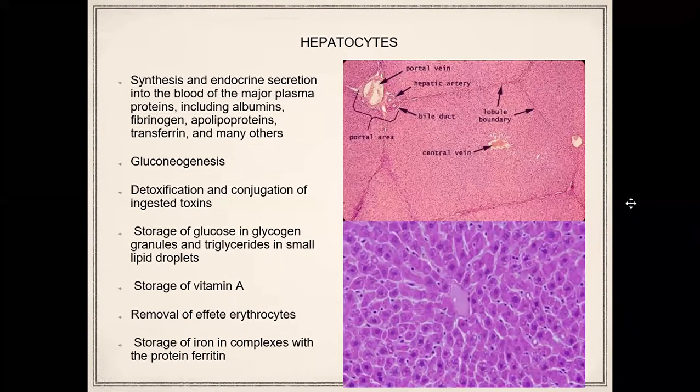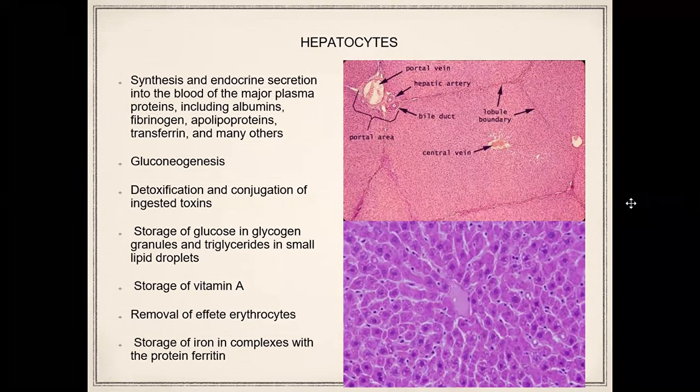Hepatocytes, these are the cells in your liver. Synthesis and endocrine secretion into the blood are the major functions of the hepatocytes, including plasma proteins such as albumins, fibrinogen, and transferrin, and many others.